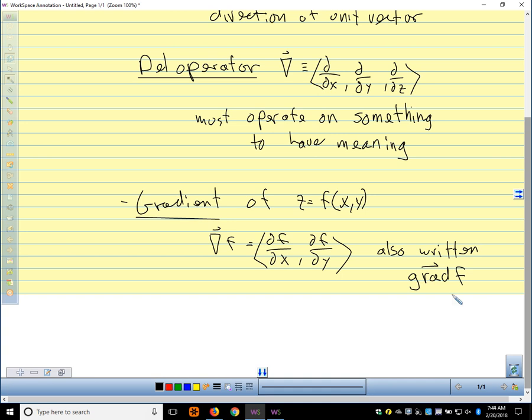There's a pretty well-known book about multivariable calculus called Div Grad Curl, and that has to do with the divergence, the gradient, and the curl. We'll talk about divergence in chapter 15.